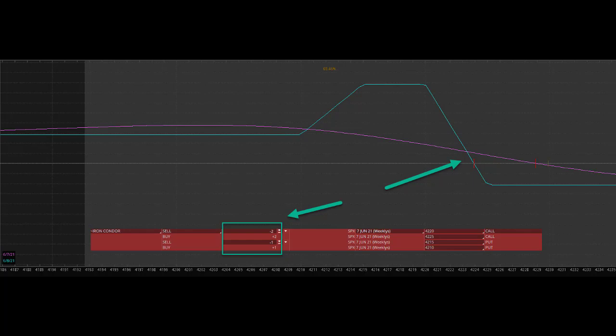You're going to be stacking what's called an unbalanced iron condor here. So you're going to be stacking the side that you think it's not going to be going to. So if you think that it's going to go down, you're going to stack the call side. By stacking, that means that you're going to do a 1-to-2 ratio on your put to call, the put being the 1, call being the 2.